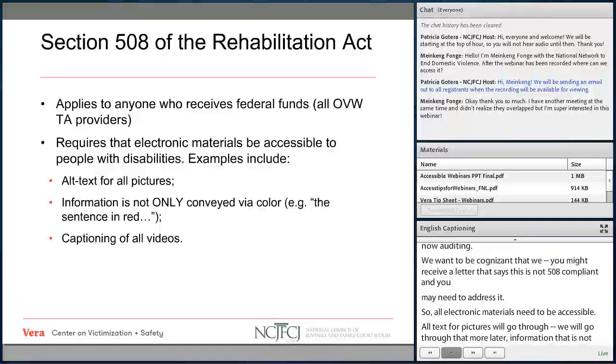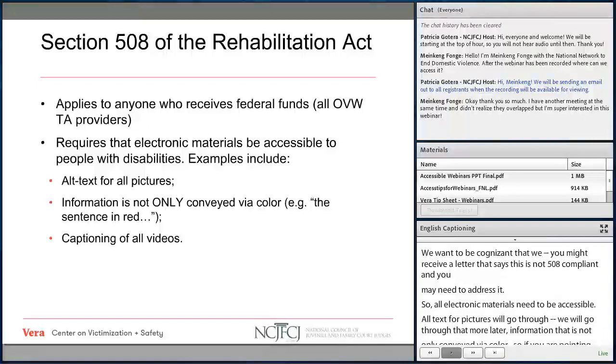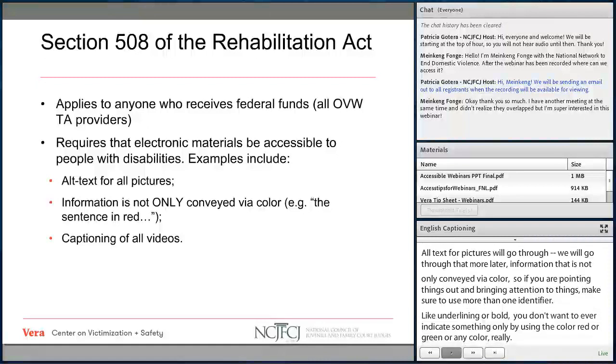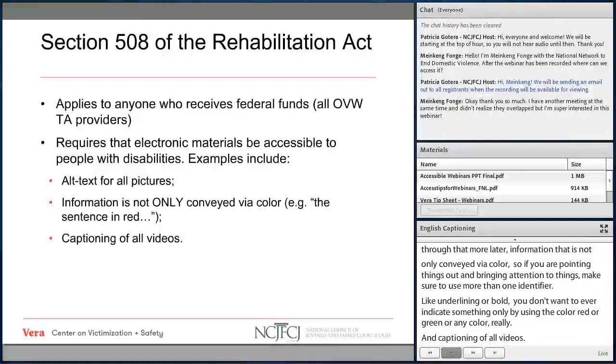You don't want to ever indicate something only using the color red or the color green or any color really. And then captioning of all videos. Again, these are baseline standards. We're going to go into other things more in depth that are best practices, but these are things specifically mentioned in 508 compliance.